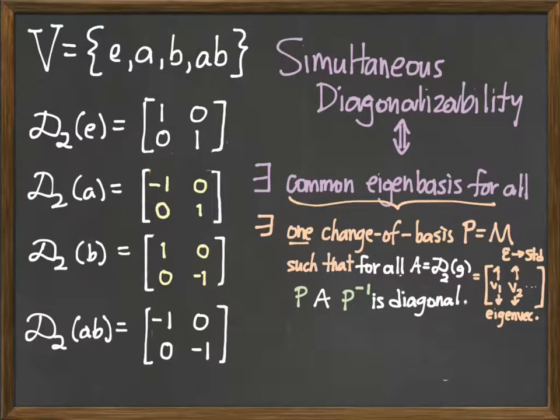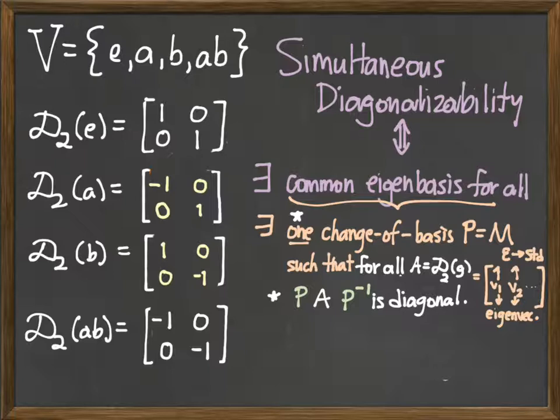This last part is the diagonalizability. This unique definition of P, one P that works for them all, that's the simultaneous part. The same change of basis can make all my matrices diagonal. So there is a special P that does this, and that P is the basis of common eigenvectors of all of our matrices. So that's where the basis that does this comes from.